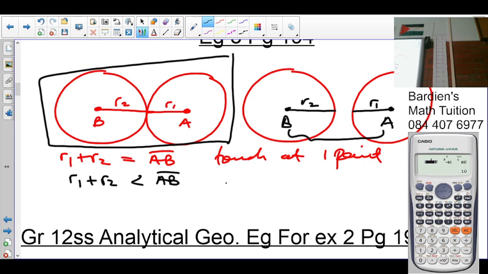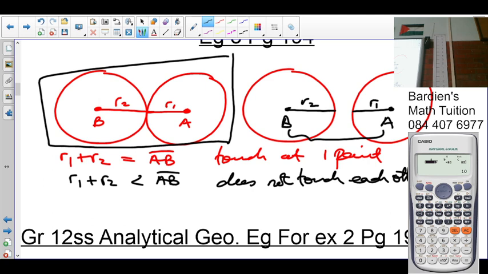The circles do not touch each other. Do you see that? So if they ask you to prove that the two circles do not intersect each other, then we prove that the distance between the two centers is larger than the sum of the radii.